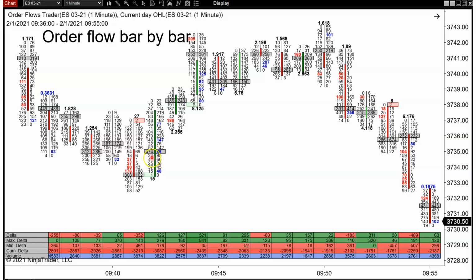Is 474 big? Well, you don't have to have a spreadsheet that tells you, okay, on an E-mini 1 minute chart, 474 contracts is big. No, you just look at how it's been trading recently over the last 10, 20 bars. 474 is bigger than anything in here, anything in here, anything in here. Now, some people will say, well, that's not very scientific.